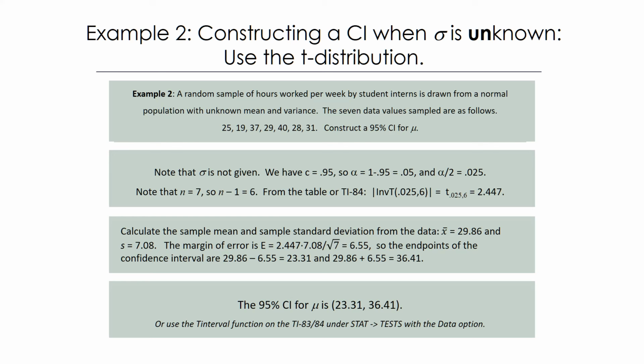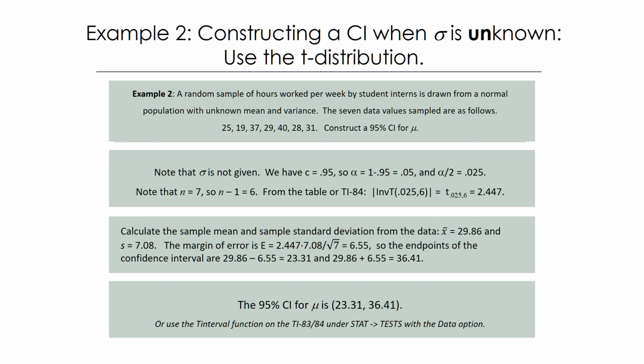So the margin of error is calculated as the t-score, 2.447, times the standard deviation, 7.08, divided by the square root of the sample size, 7, which equals 6.55. So the endpoints of the confidence interval are 29.86 minus 6.55, which is 23.31, and 29.86 plus 6.55, which is 36.41.